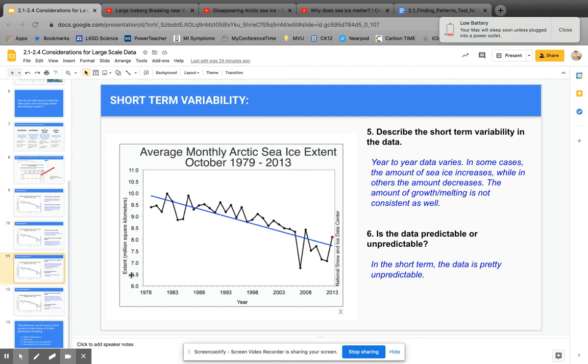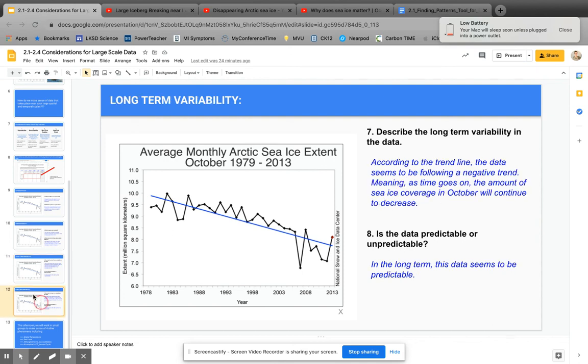However, if we look at the long term, in questions 7 and 8, according to the trend line, it's very clear that Arctic sea ice follows a negative trend, which means as time goes on, the amount of Arctic sea ice coverage is decreasing. We could possibly predict that in the next 2, 10, 20, 30, 50 years, there's still going to be less and less Arctic sea ice.